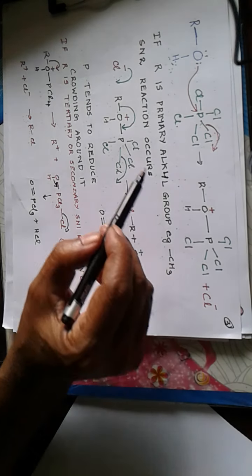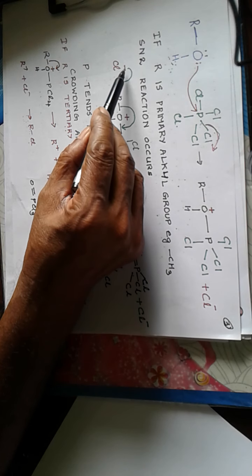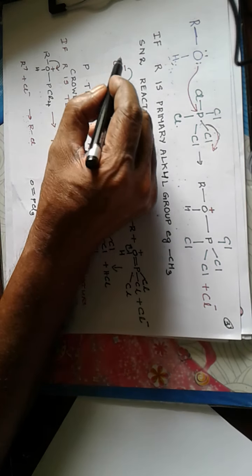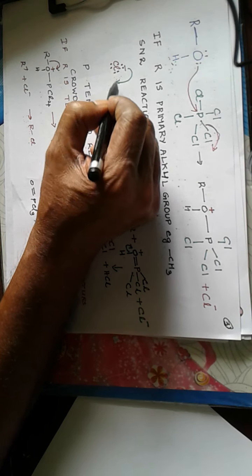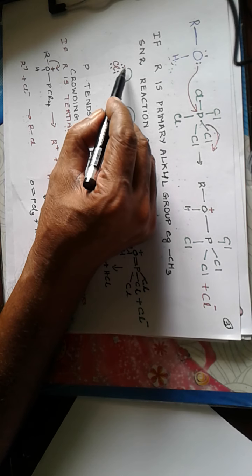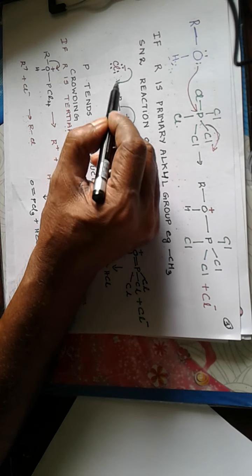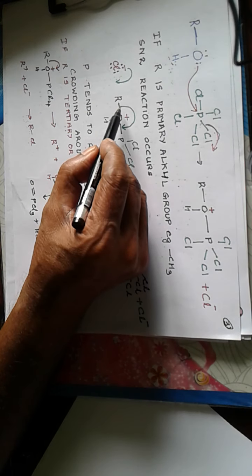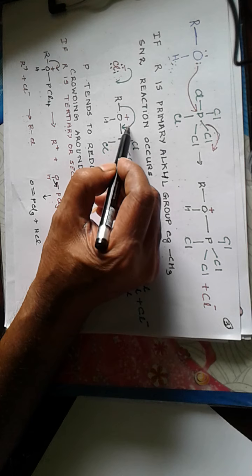Then chloride goes behind the methyl group, and a pair of electrons of chlorine will be donated towards R, shown by an arrow starting from the negative charge, indicating that a bond is formed between Cl and R using a lone pair of chlorine. Simultaneously, to maintain the valency of carbon, this bond will be shifting in between O and P.